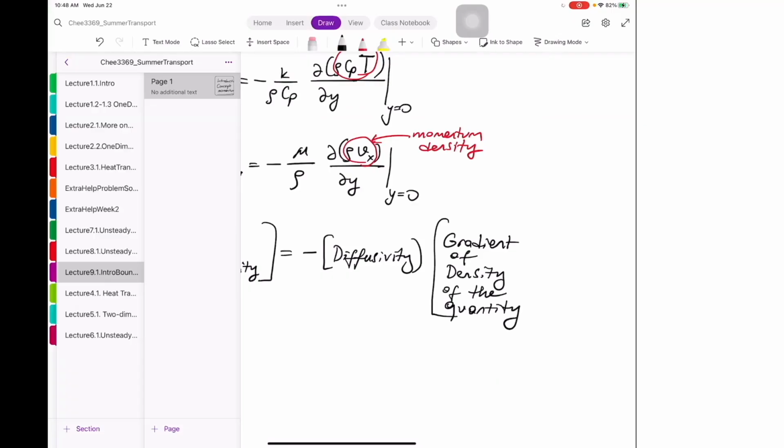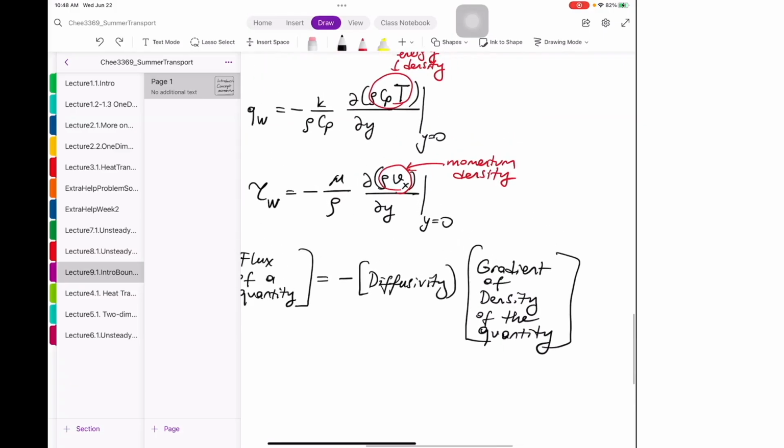If that quantity is momentum, this is the momentum diffusivity. If that quantity is thermal energy, this is the thermal diffusivity. Okay, so that's why we call this thing thermal diffusivity.